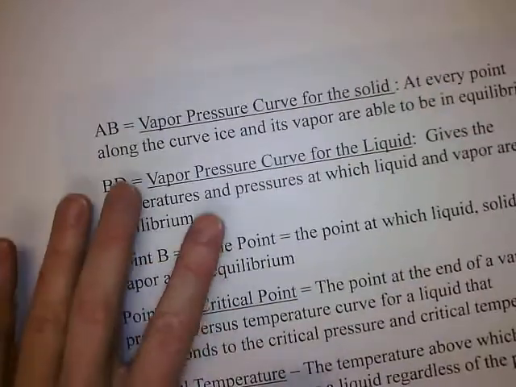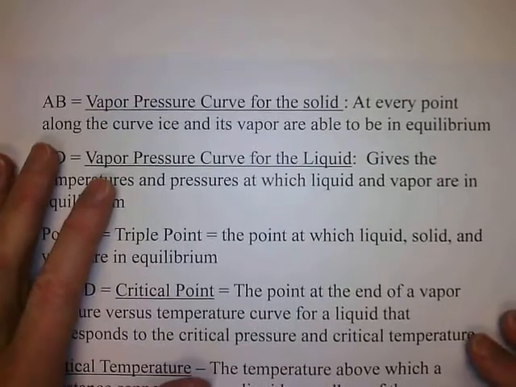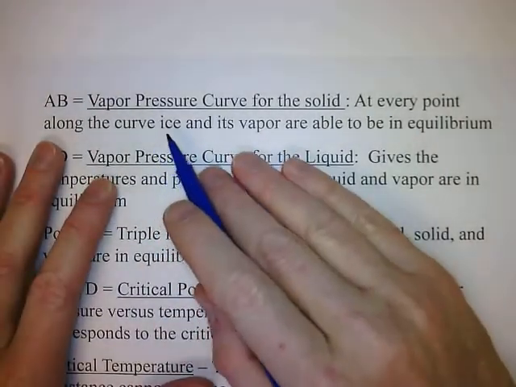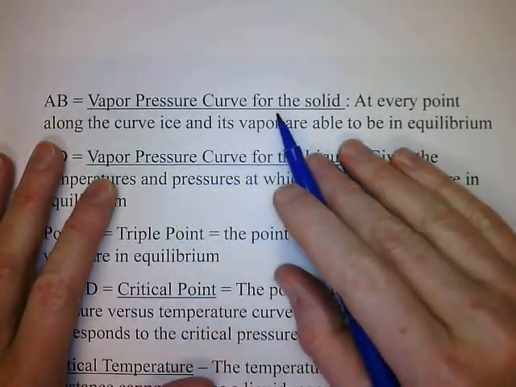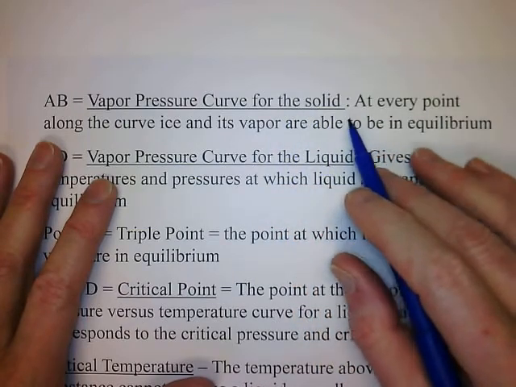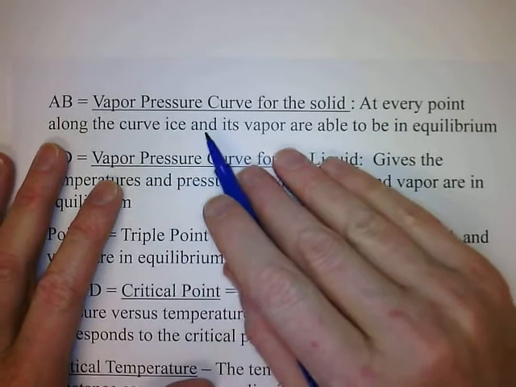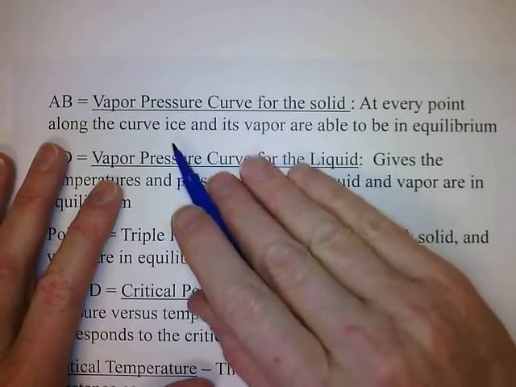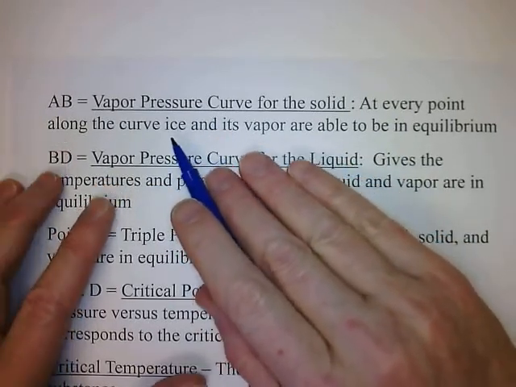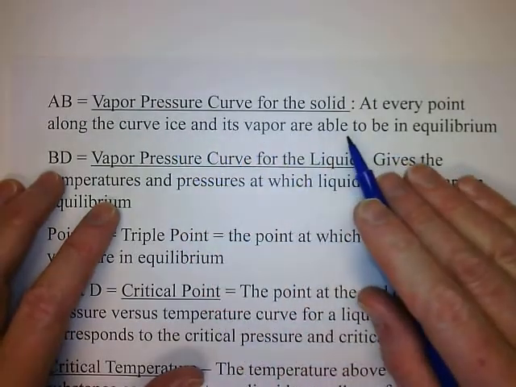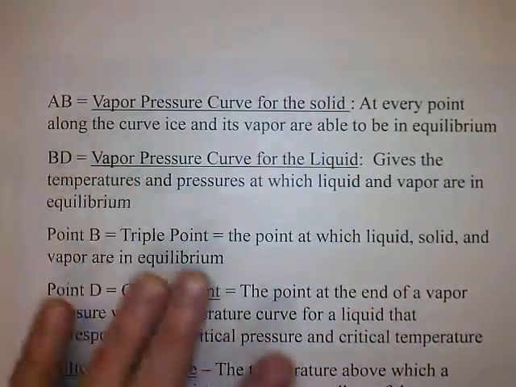Okay. So curve AB is called the vapor pressure curve for the solid. At every point along the curve, ice, because we're using water as an example, and its vapor are able to be in equilibrium.